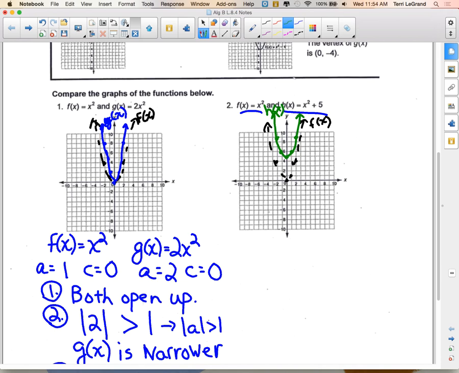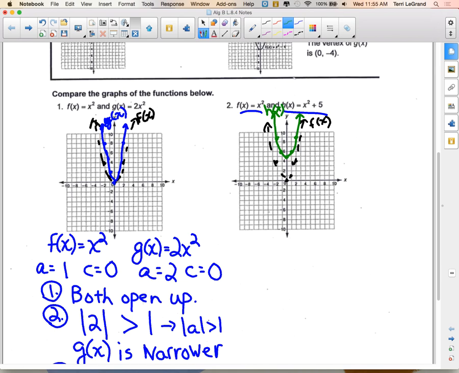It looks like the one that is up higher, the h of x function, is actually skinnier. Why is that? Because it's been moved up, and so the other one's been climbing. They really are climbing at the same rate. It's just that the width really does stay the same. And we're going to be able to tell that when we compare their A values, okay? So we can't be deceived by the graph.